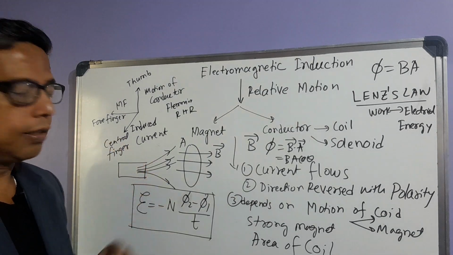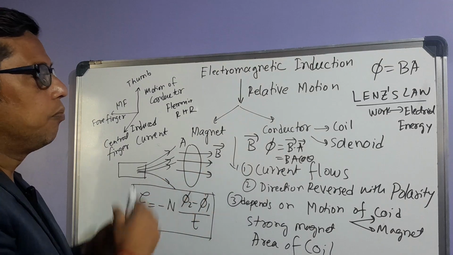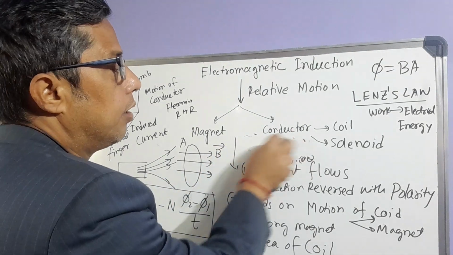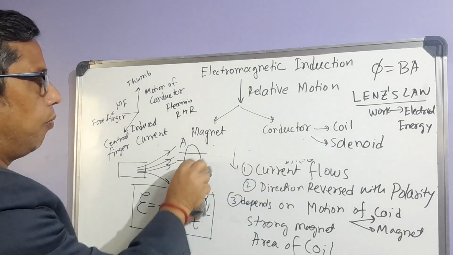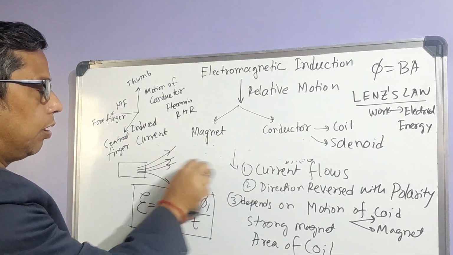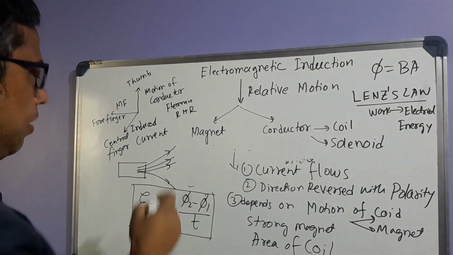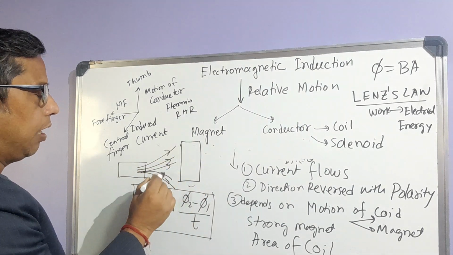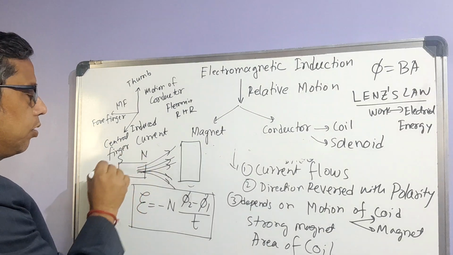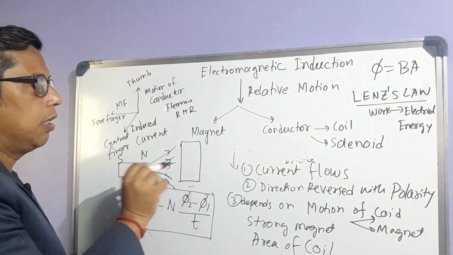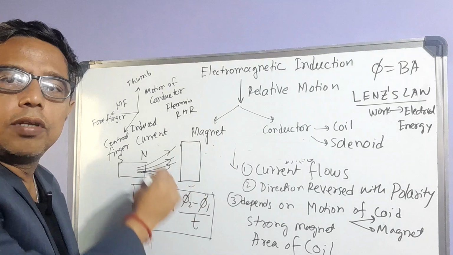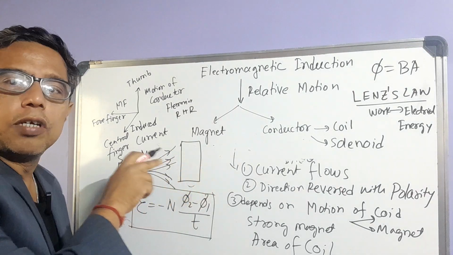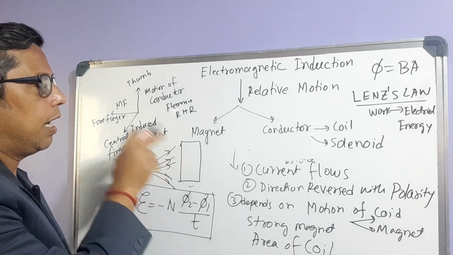Whenever there is relative motion between the conductor and the magnet, there will be a change in flux. Let's say it is a conductor and magnetic field lines are exposed to it. It's a north pole, south pole. So magnetic flux is exposed on this conducting wire, and we have to change the exposure of the flux on this conducting wire.